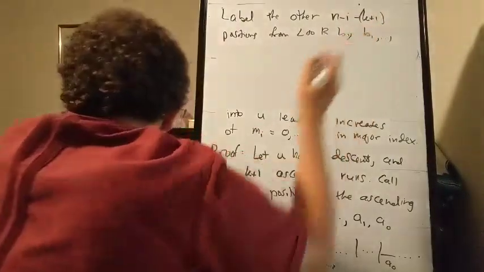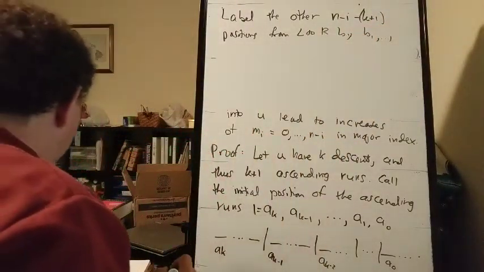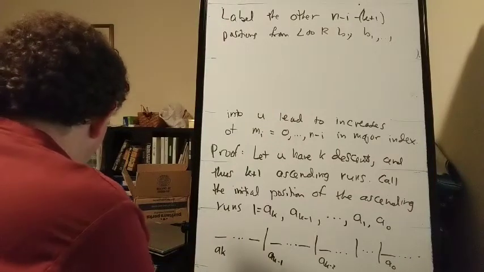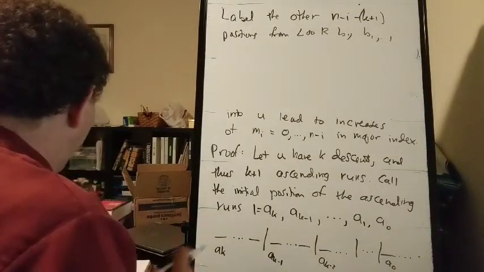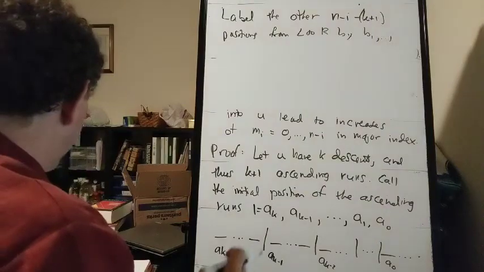We'll label them B1 all the way up to B n minus I minus k minus 1.